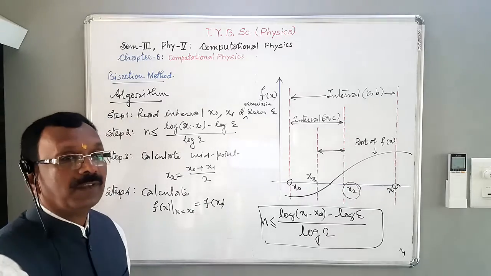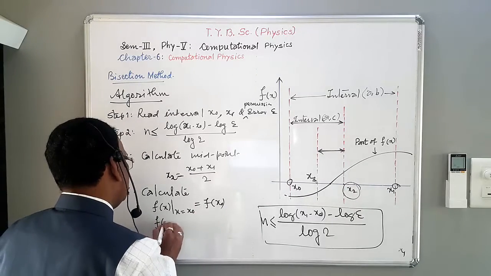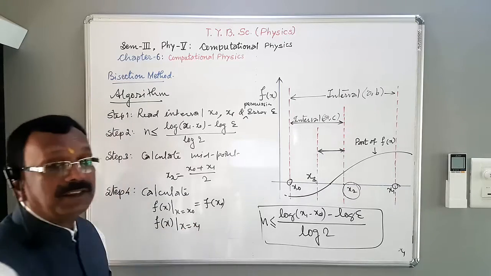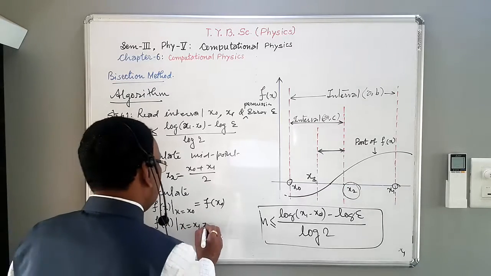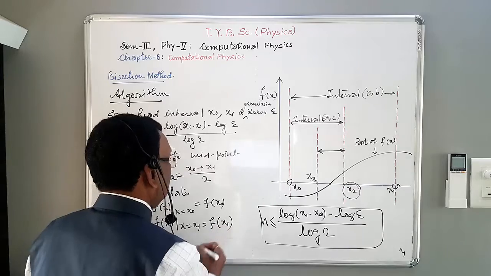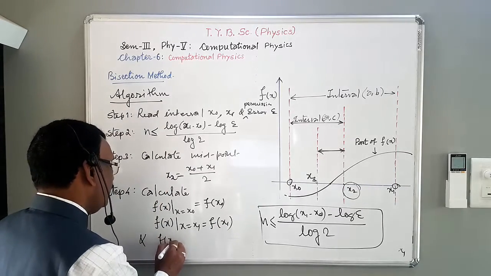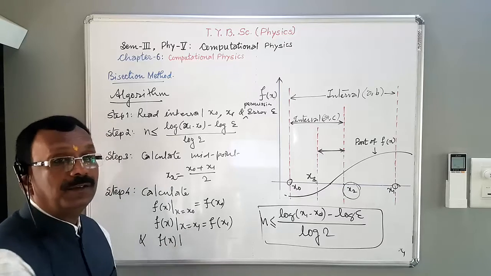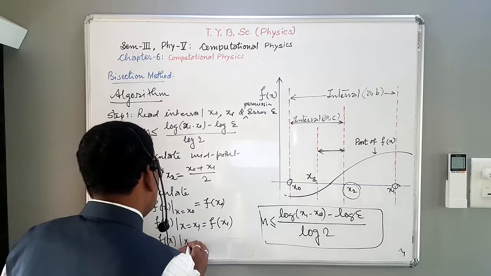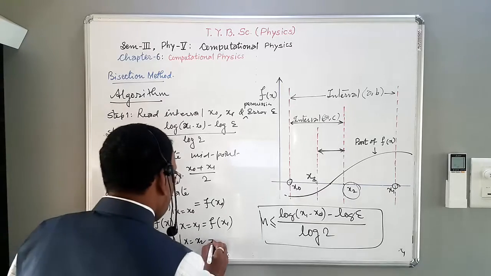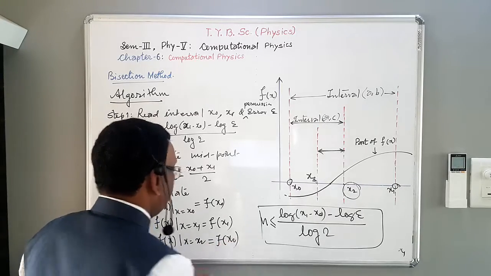Then calculate f of x1, and f of x at x equal to x2, that is f of x2.